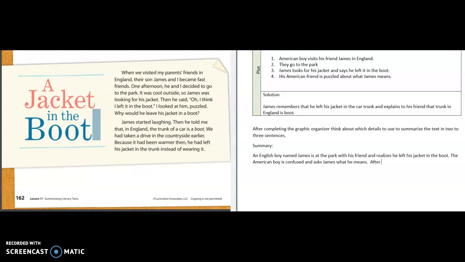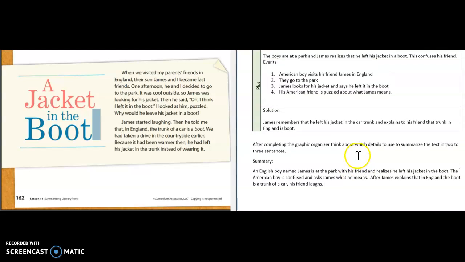Let's say after James explains that in England the boot is a trunk of a car, his friend laughs. All right, so we've managed to include the main characters, a little bit about the problem, and the solution.